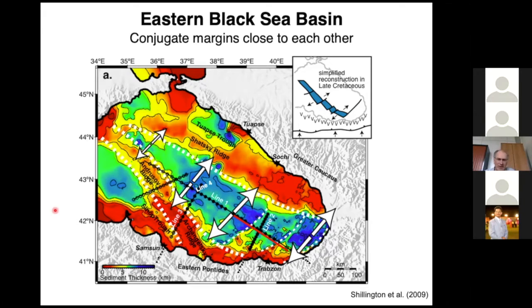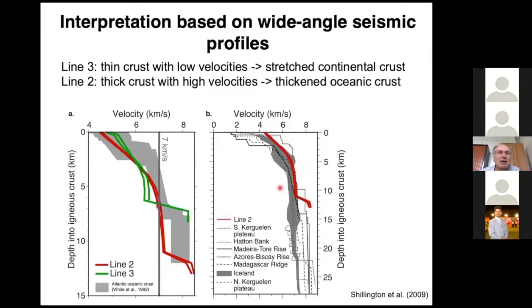This is some work we did, the cruise was about 15 years ago. We collected some wide angle seismic data along these black lines. We had plans to do the conjugate margins, but we didn't get permission to go into this region here, which perhaps if we'd known the politics a bit better, we'd have known we'd never get permission, because it's a disputed region between Georgia and Russia.